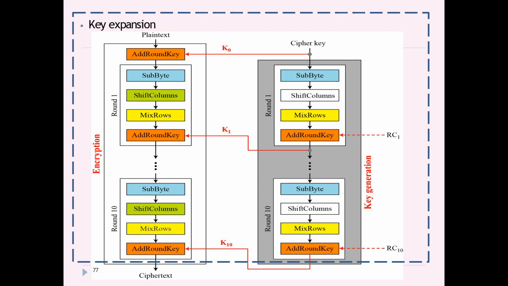If you observe carefully over here, this right hand side part is my key expansion strategy for Whirlpool. That also undergoes the same set of steps: sub bytes, shift columns, mix rows, add round keys.